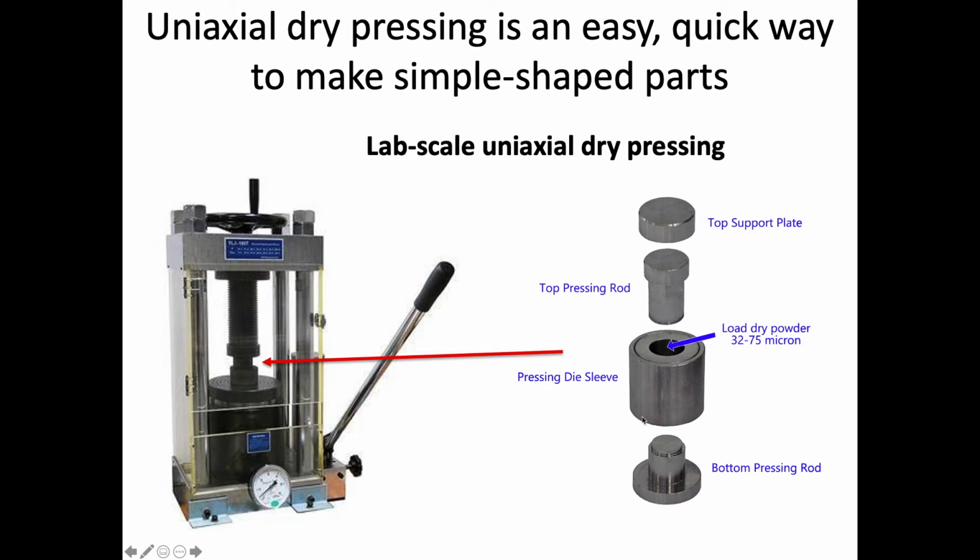So we have the die sleeve, and then the pressing rod and the top rod. So these are equivalent to the upper and lower punches that you saw before. And this is just going to form a very simple pellet shape, whereas the commercial one you saw previously can make a slightly more sophisticated shape than this. So very simple shapes, just really used to study the properties of the material.